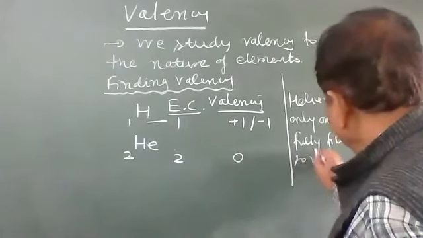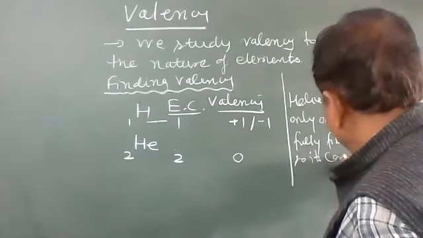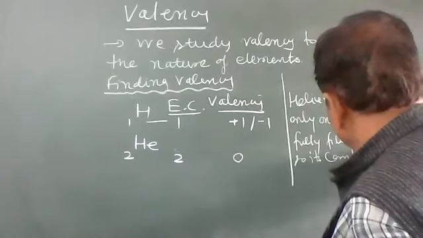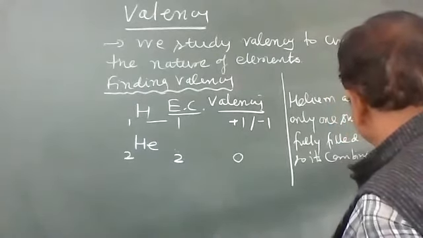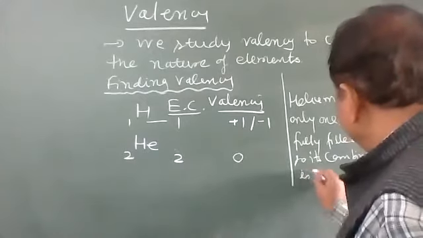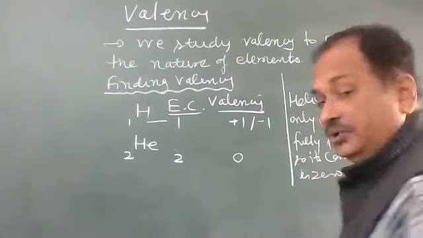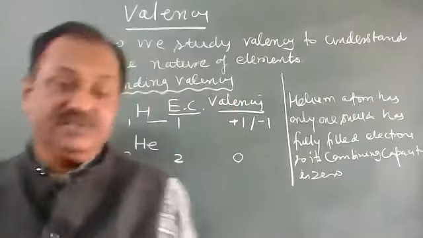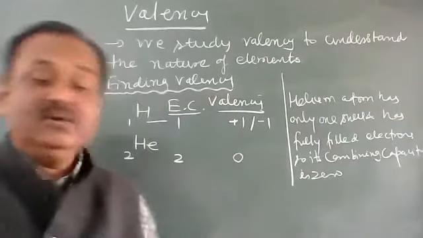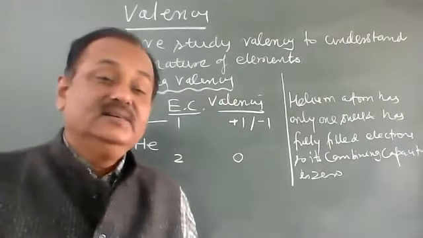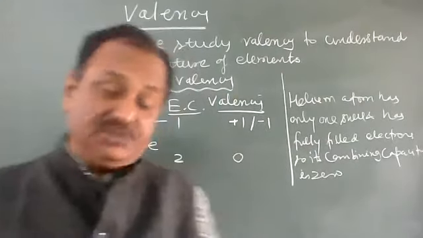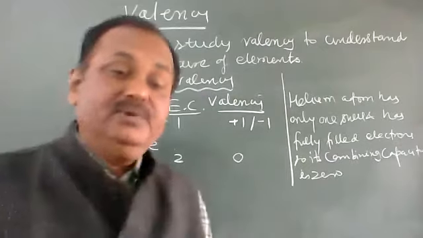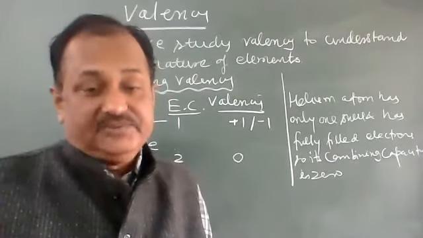So its combining capacity is 0. Helium cannot react further, and thus we say that its valency is 0. So helium belongs to the noble gas family.